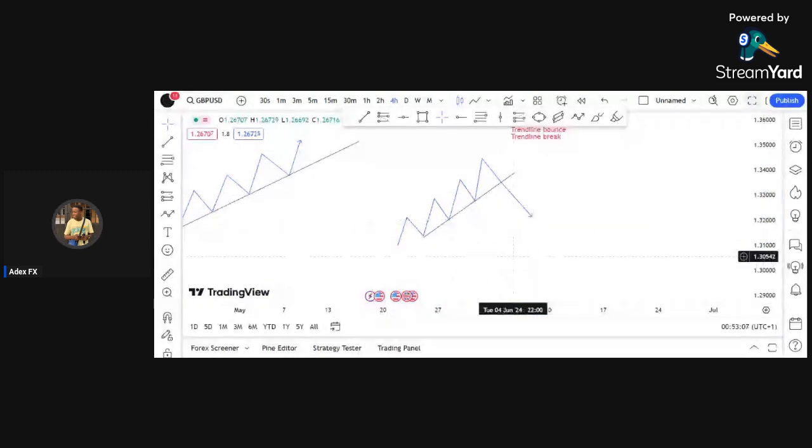How to trade this break is that you wait for a retracement on this level here. That is, you wait for the market to come back to this level here, or you wait for a key level where the market is likely going to retest.